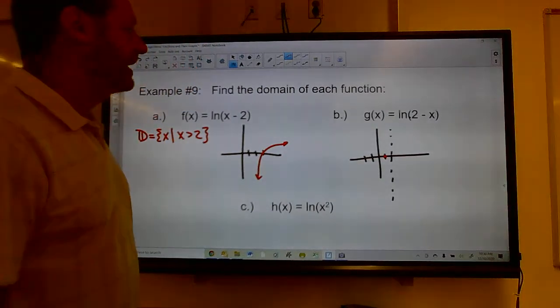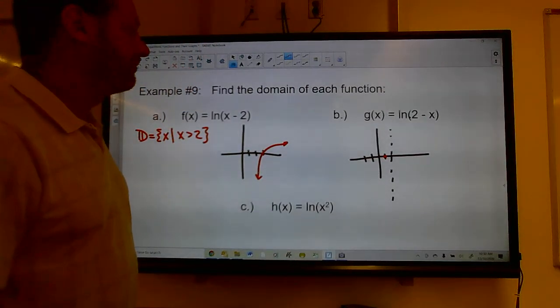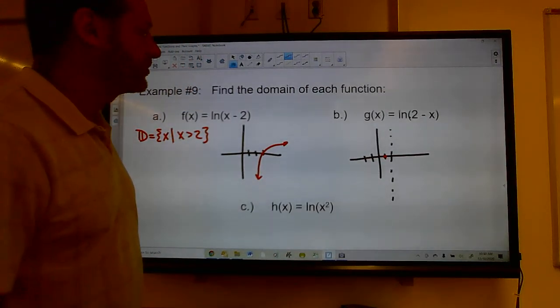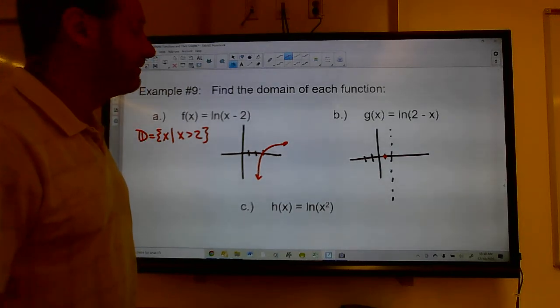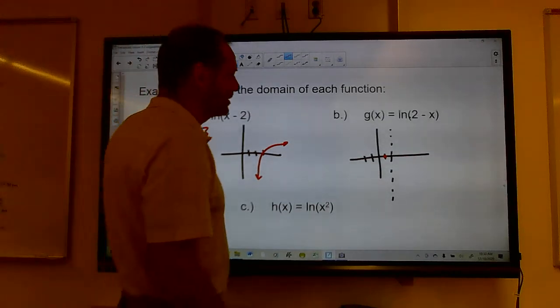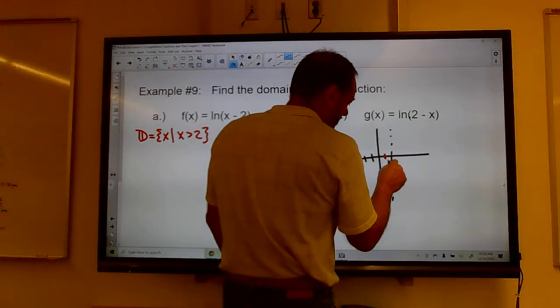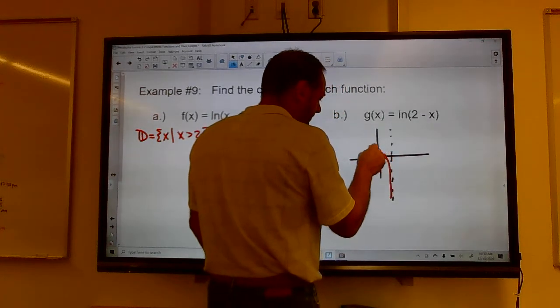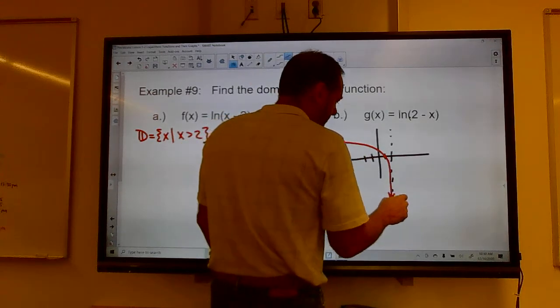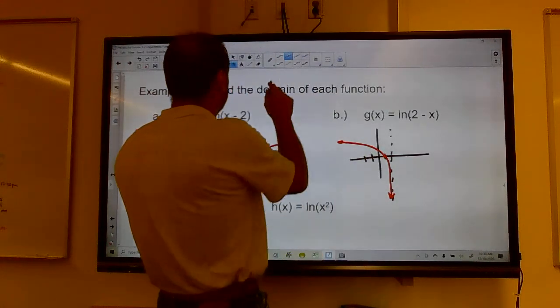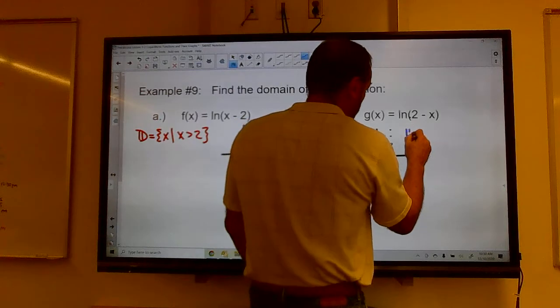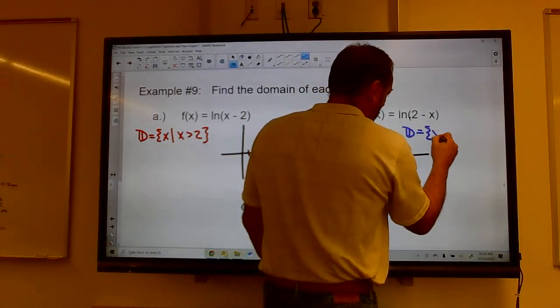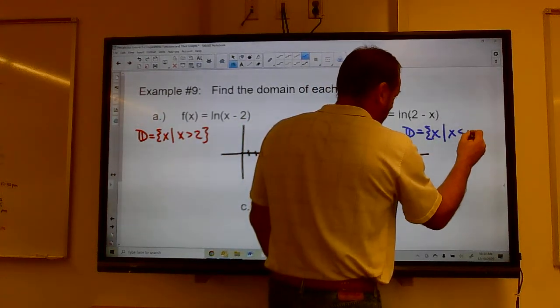So if x was 1.5, that'd be the natural log of 0.5, which is a negative number, so this thing's going to look like this. Okay, so my domain then is going to be all the x's where x is less than 2.